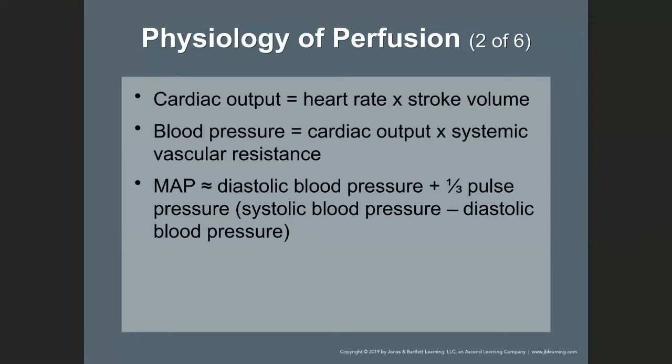Now, as an AEMT or above, you must be familiar with pulse pressure and mean arterial pressure. The pulse pressure is the difference between the systolic and diastolic pressure, and it represents the force of contraction, how forceful the contractions of the heart are.